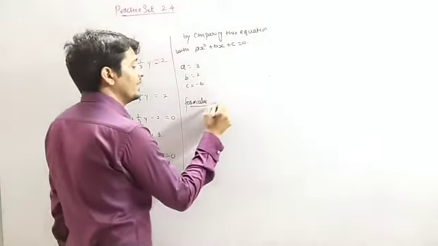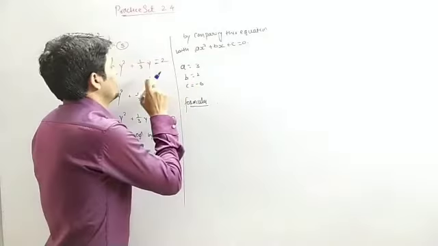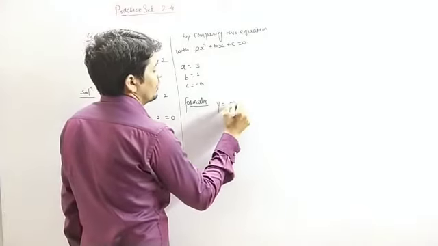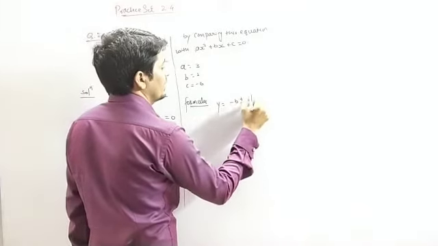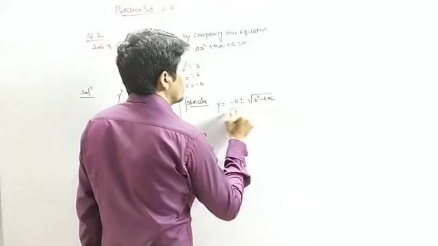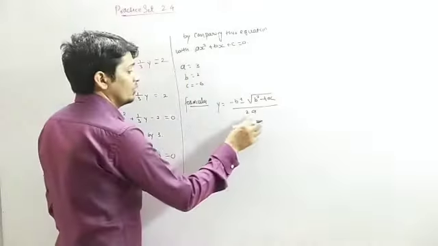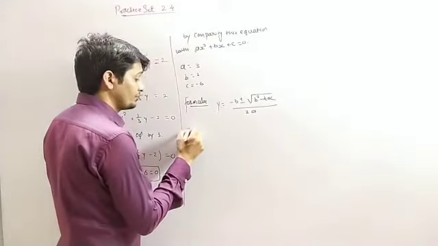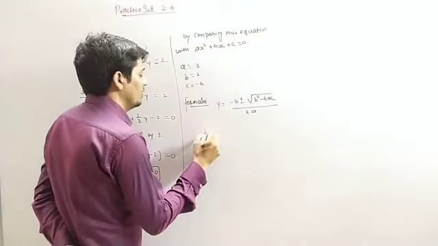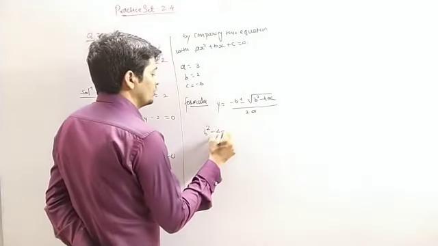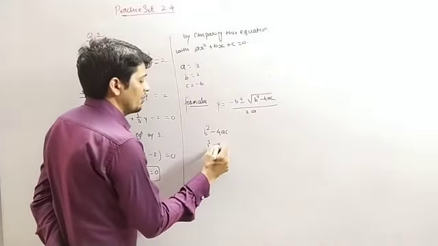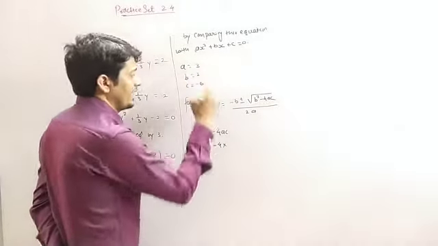What is the formula? If we have y, we have to take the root: y equals minus b plus minus root b square minus 4ac upon 2a. So what we are doing? We are deriving the value of this portion only. So we have b square minus 4ac. What is b? b is 1. So we write 1 square minus 4 into, what is a? a is 3.